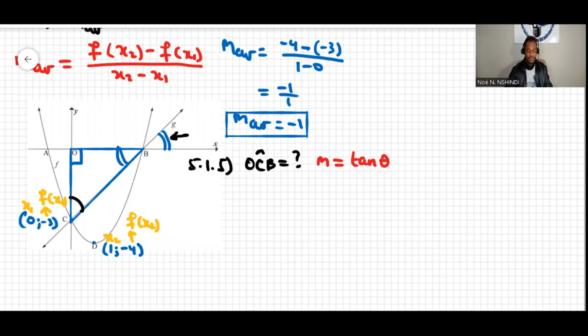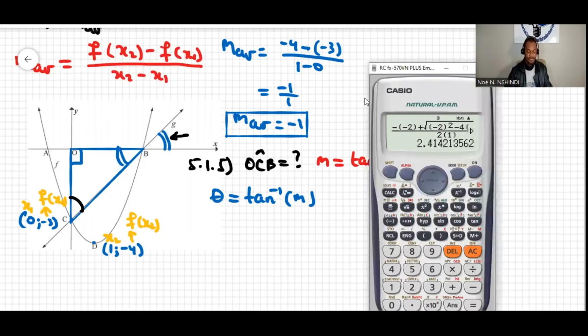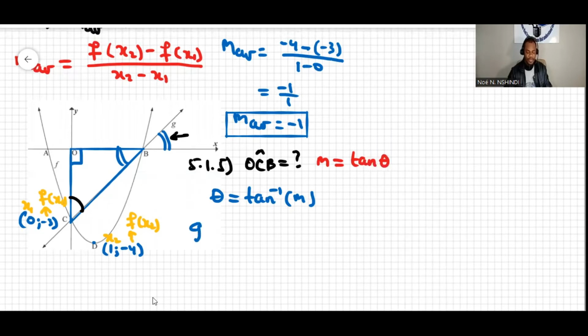Therefore, we can also work out theta equal to tan inverse of the gradient, and we can do that with the help of the calculator. First, let's find the gradient of the graph. G of x was given by x minus 3. The gradient here is just 1.